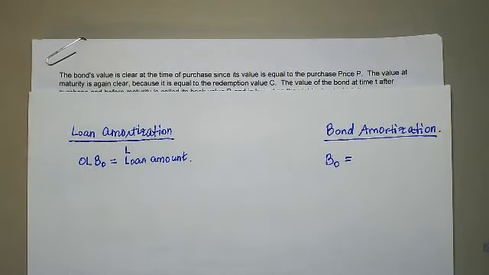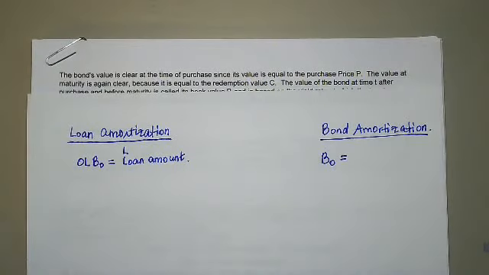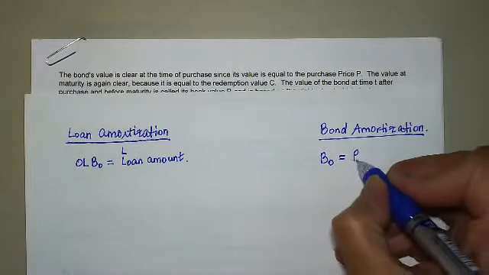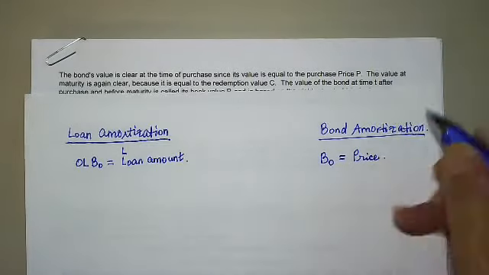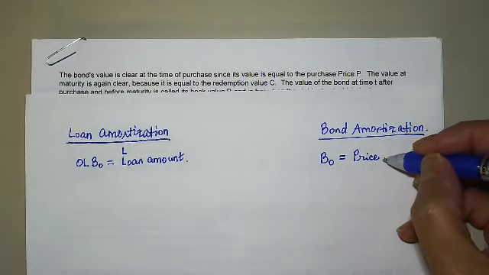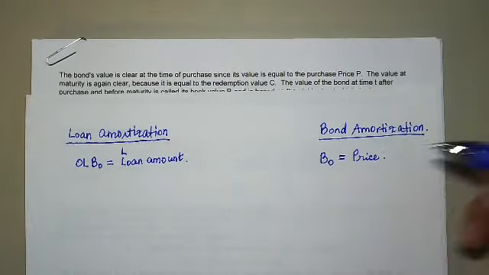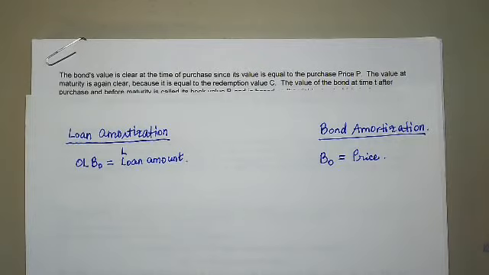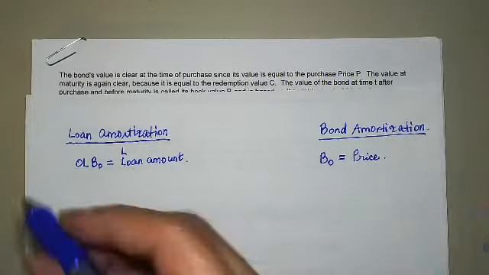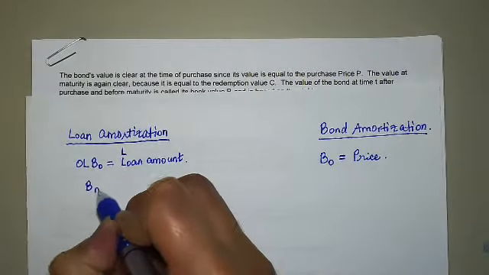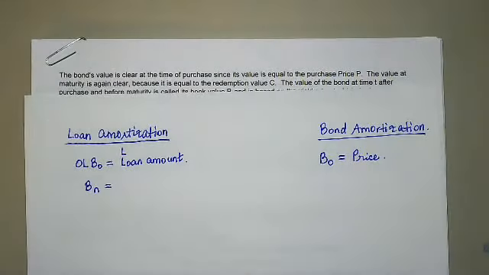What does the company owe you at time 0 if you just bought this bond? Price. Exactly right. B0 is equal to the price. You just finished paying $950 for this bond. This is the value of the debt, $950, let's say. I'm just making up some number. So B0 is equal to price.